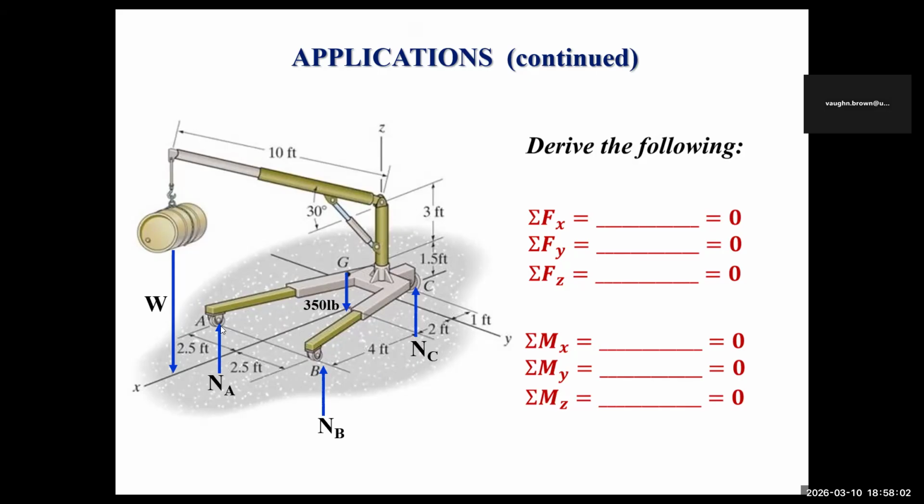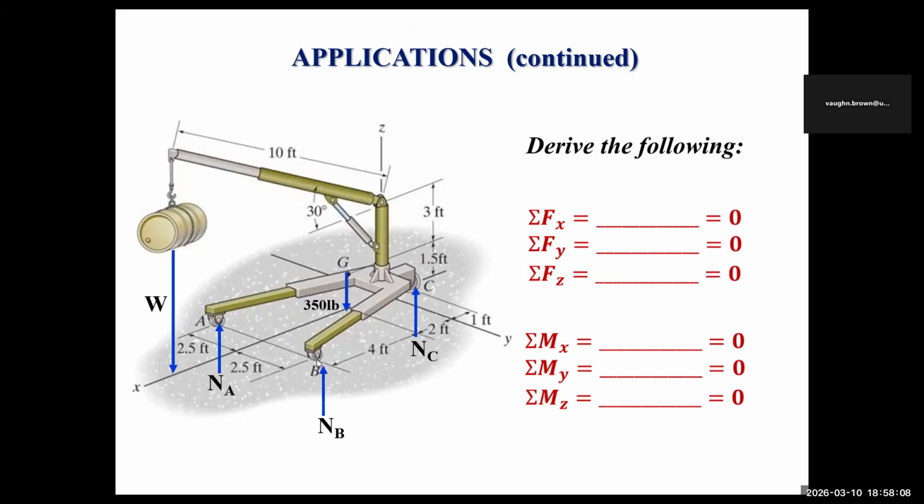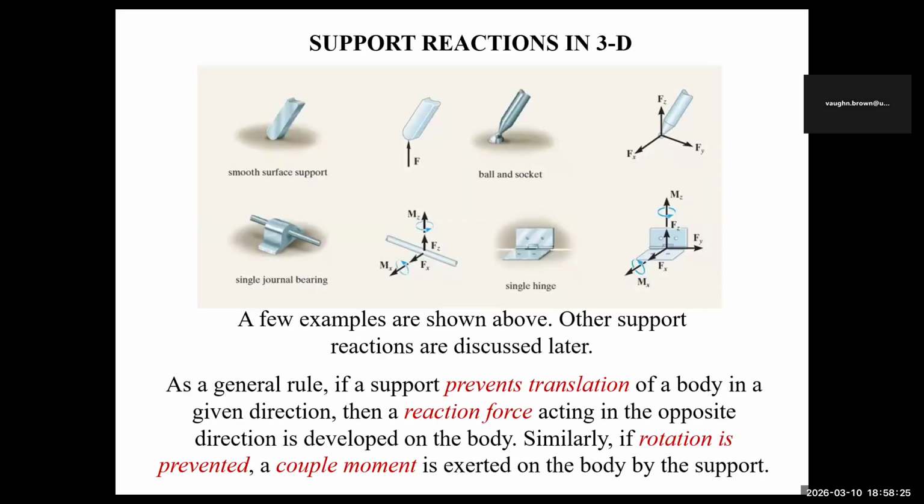There's a reaction at each one of the wheels. This one is supposed to be right at B, and this is right at C, right? So you're going to derive the sum of the forces in X, the sum of the forces in Y, the sum of the forces in Z, and similarly the sum of the moments about each of the axes. All right, let's look at how that is done.